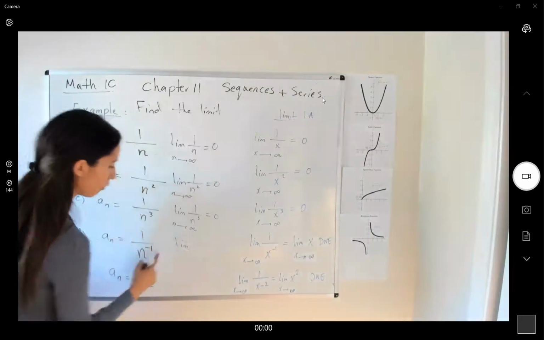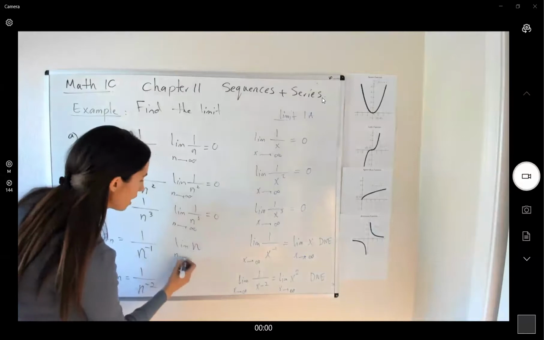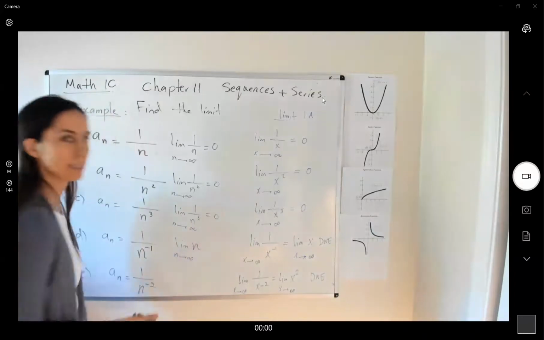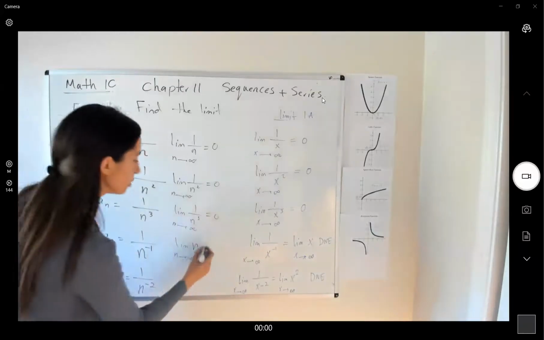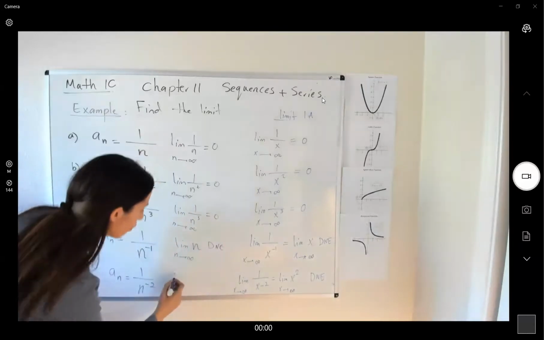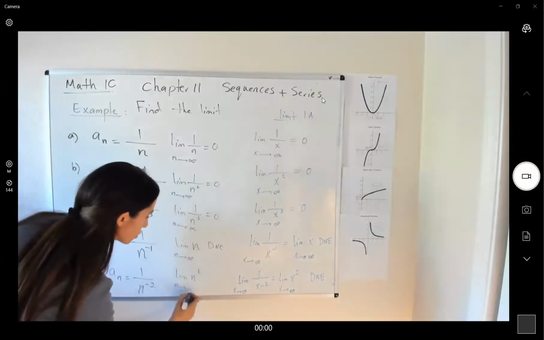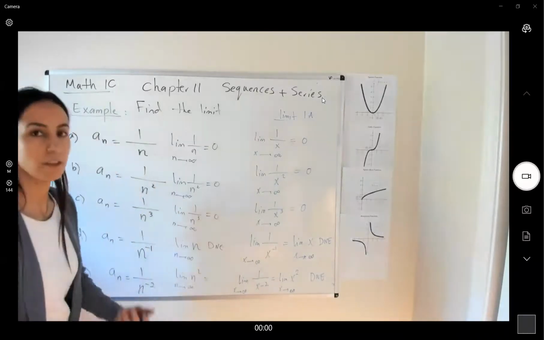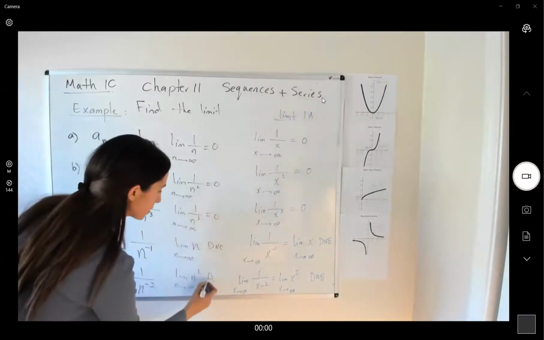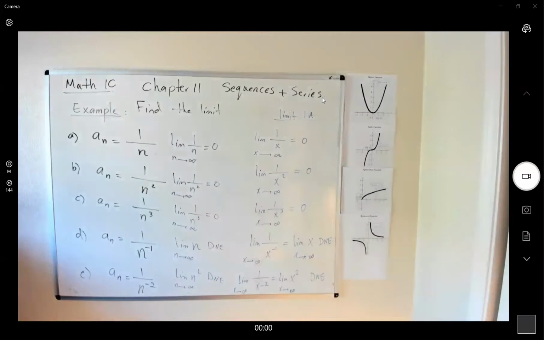Limit of 1 over n to negative 1, which is the limit of n as n goes to infinity, you say that it doesn't exist or goes to infinity. Or finally, the limit of n squared, n goes to infinity, infinity or doesn't exist. The same concept.